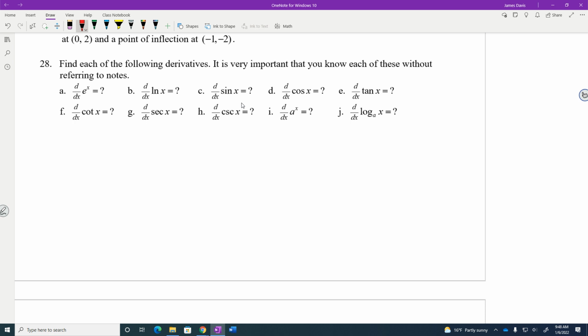So take a minute and write what you think the answers are for all of these: trig, e's, natural logs, base exponential, and log functions. You can see them all written there. We're going to be doing the inverse of those, the integral of those, today.